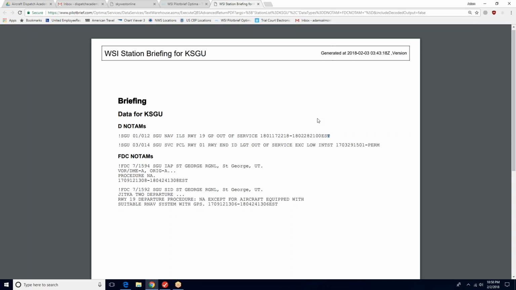It may or may not be back on at that time, but right now that is the estimate of how long it will be out of service. And these are real NOTAMs, the current NOTAMs for St. George as we speak. So that runway 19 glide path is out of service all the way until the end of this month.